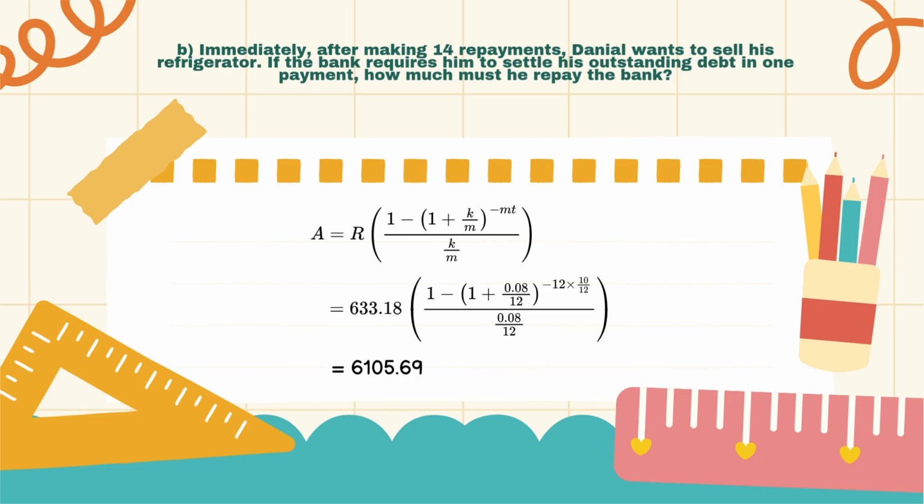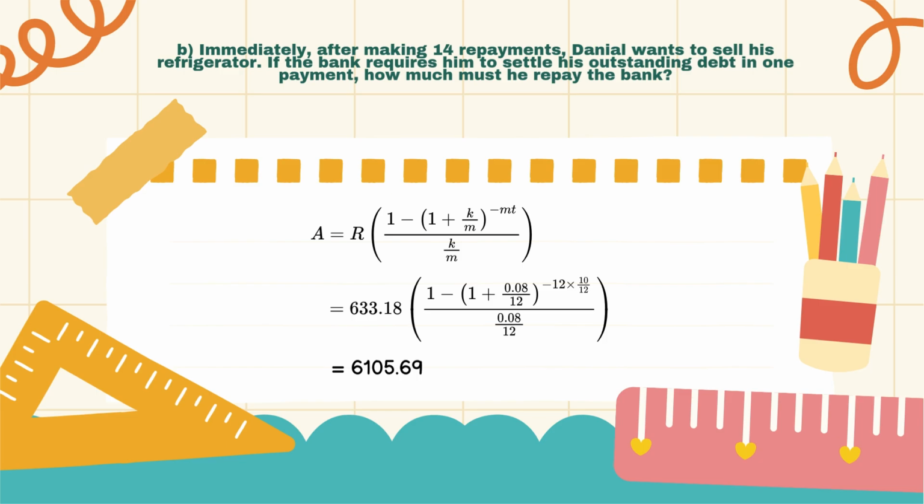Same, we will use the same formula, which is A equal to R in brackets 1 minus 1 plus K per M in brackets to the power negative MT per K per M. But this time, R is equal to 633.18, K is equal to 0.08, M is 12, and T is 10 per 12.